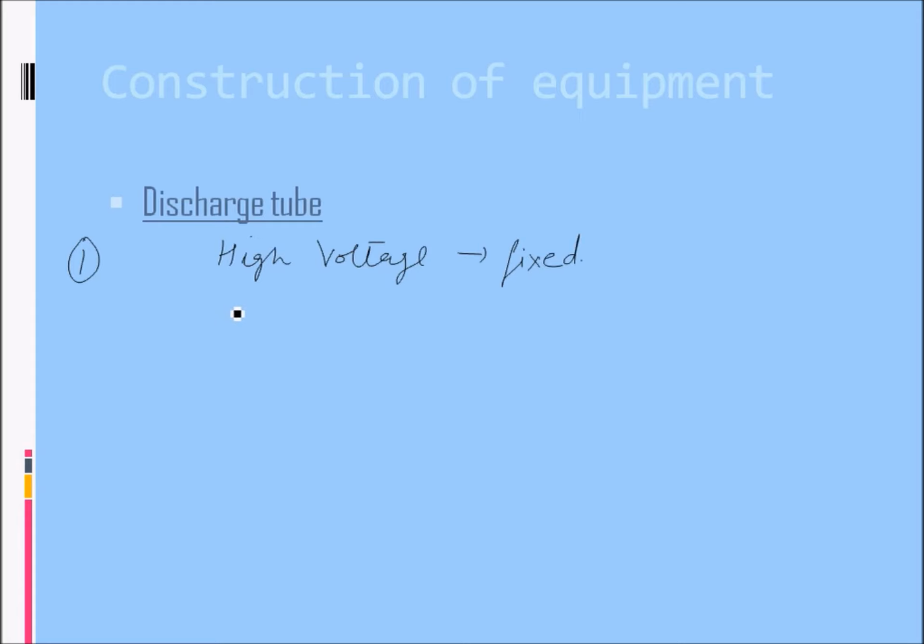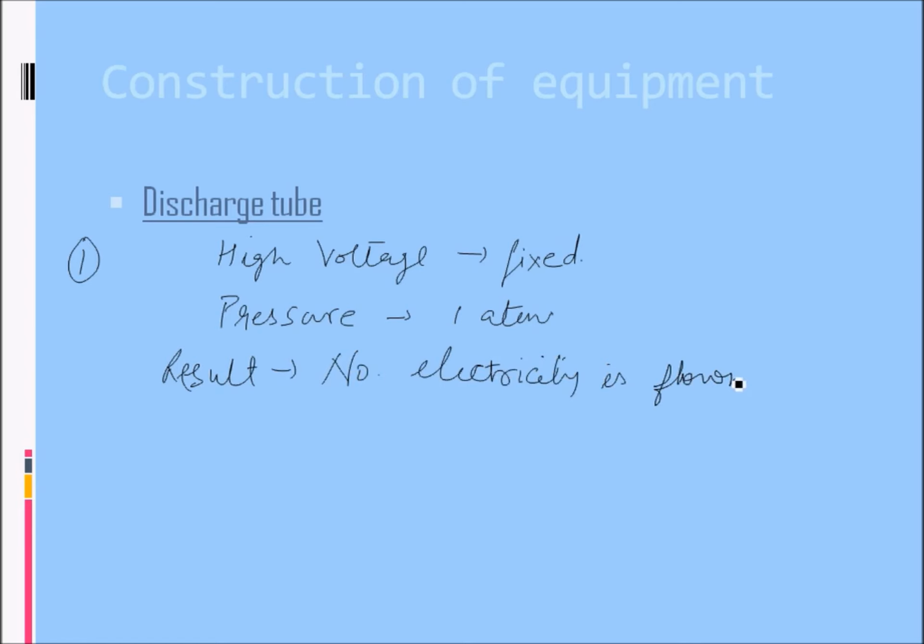In the first condition he put the pressure at 1 atmosphere. What result did he get in the discharge tube? No electricity flowed in the tube.